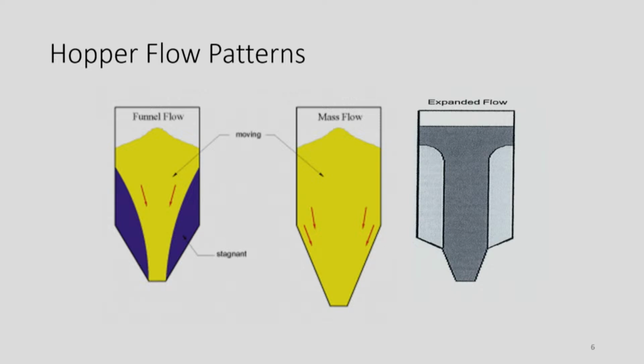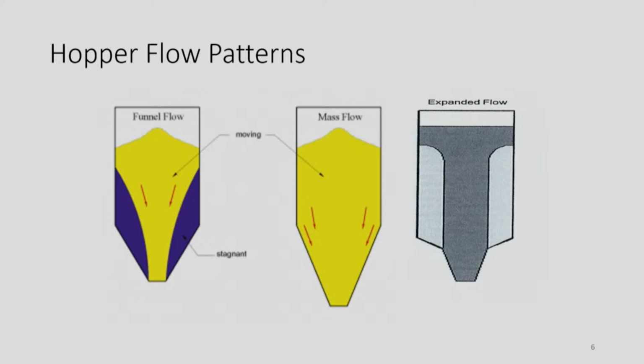So when you see any kind of large silos and bins, you might see these 3 different types of flows. Again, in a funnel flow, the sides are stagnant, but the center is moving. But it's very common, if you go to any industry, these 2 are very common types of bins you will see in large bin structures. Either it will be a funnel flow or it will be a mass flow bin.